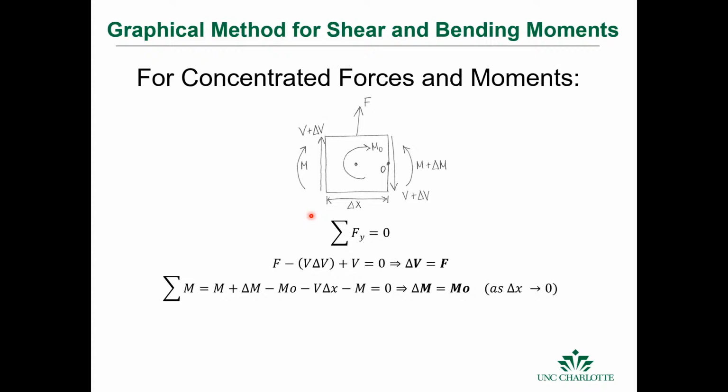For concentrated loads, we have the same equations where we are just taking an element and we're representing arbitrarily all of the loading conditions. And here, if we have an applied moment and a concentrated force, the change in shear is equal to that force, and the change in moment is equal to the applied moment.